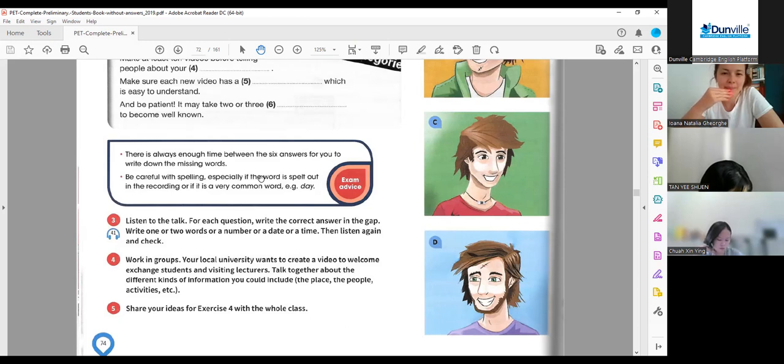So think about what your school has. Where is it? Is it close to something? Is there something in particular that you like about your school? The uniform, the teachers, the variety of clubs that you can do.